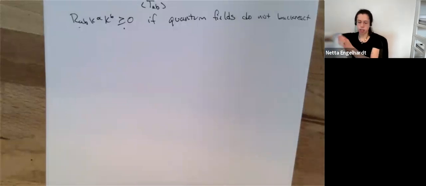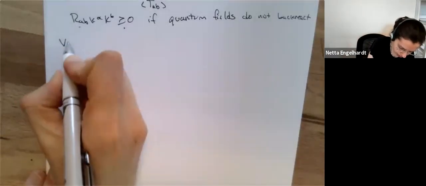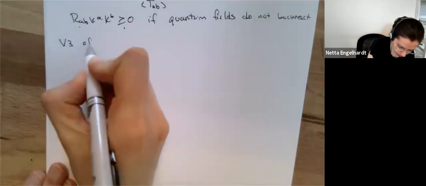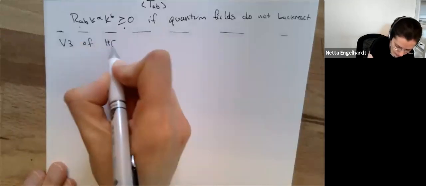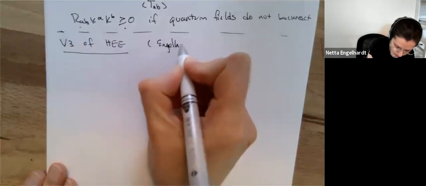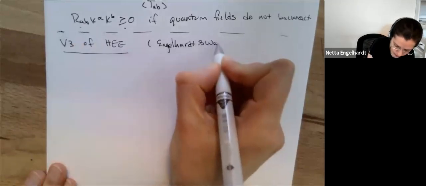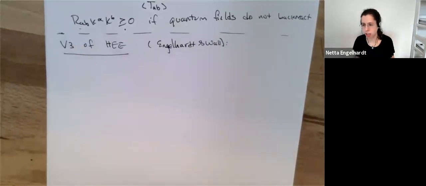And so what we said, and this is the V3 of holographic entanglement entropy, so this is me and Aaron. This is meant to be to all orders in G-hbar, including any order of back reaction.